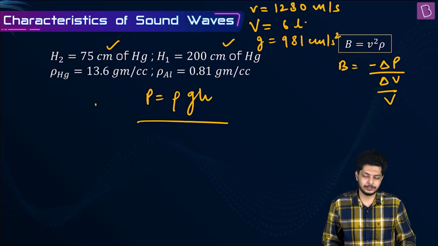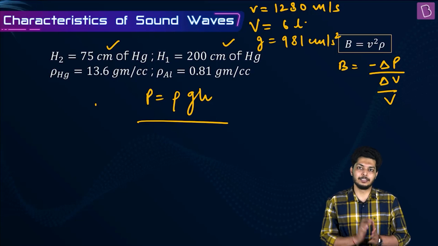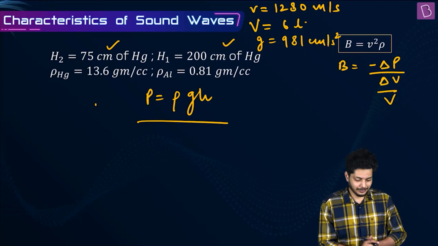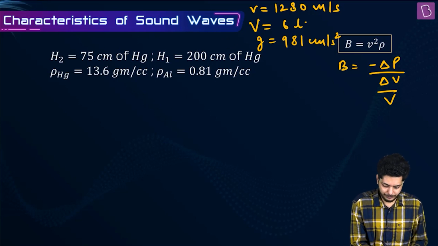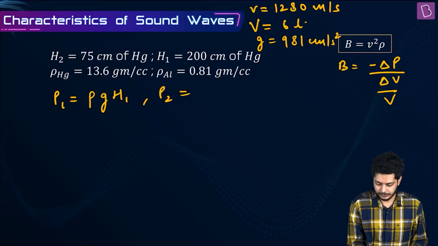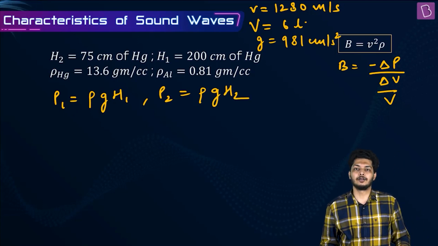Can you remember this from the chapter fluids? I am not going into detail for this formula because I know you know this. So P1 is rho g h1, and P2 is rho g h2. Fine till now.